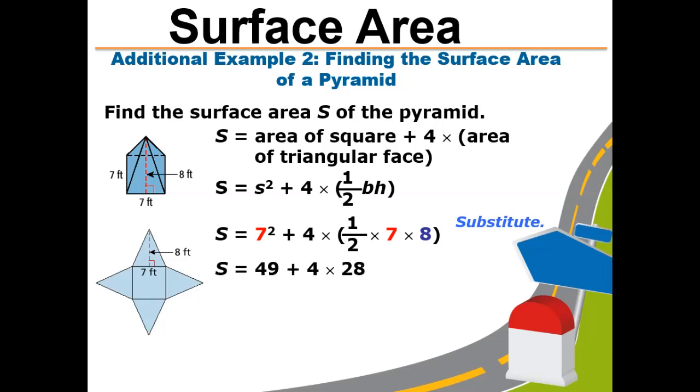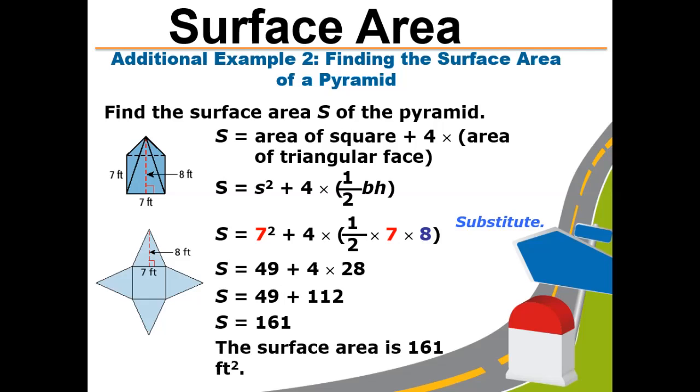Now, which operation do I have to start with, the addition or the multiplication? Yes, the multiplication. So, I will multiply 4 by 28, then add the answer to 49. 4 multiplied by 28 will give you 112. Add it to 49, you will get 161, and don't forget the unit. It's very important, okay?